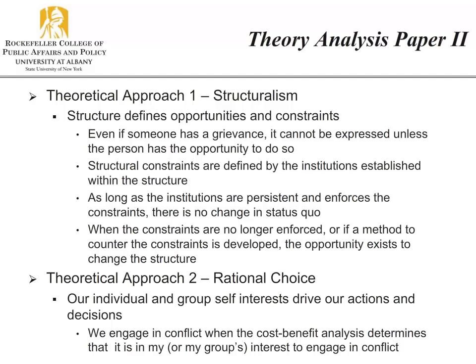This lack of opportunity is a result of constraints set by the institutions of the society, which defines the structure. This means that as long as the institutions that enforce a certain structure or constraints are intact, there is not an opportunity within that structure to try to start changing the structure, and thus the society.